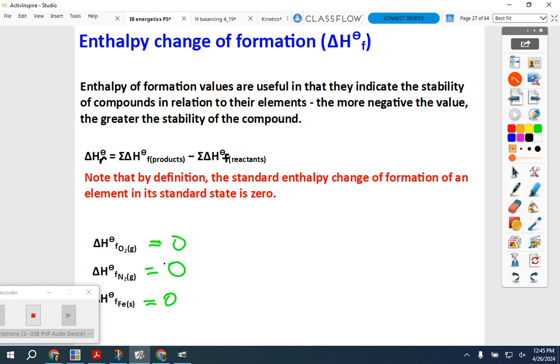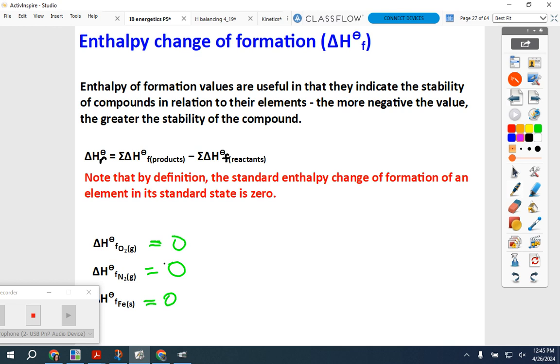It's also true for our diatomic elements. Things like oxygen. In their standard state, they exist as O2, N2, H2, etc. And so if you have O2 in your reaction, the enthalpy of formation of that is 0 because it's already in its standard state.